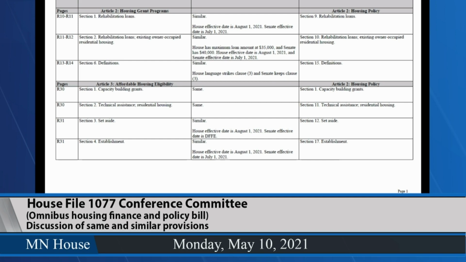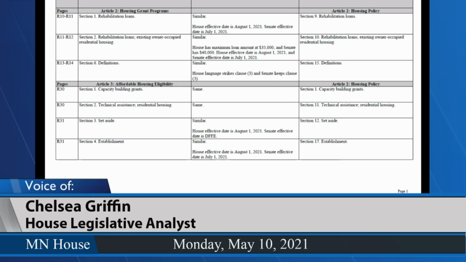Madam Chair, would you like me to explain the changes on R30? Okay, please continue. So side by side R30, we have section 1 for both the House and the Senate. This language is the same. It adds federally recognized American Indian tribes to the capacity building grants. When there's a natural disaster, they would be eligible.